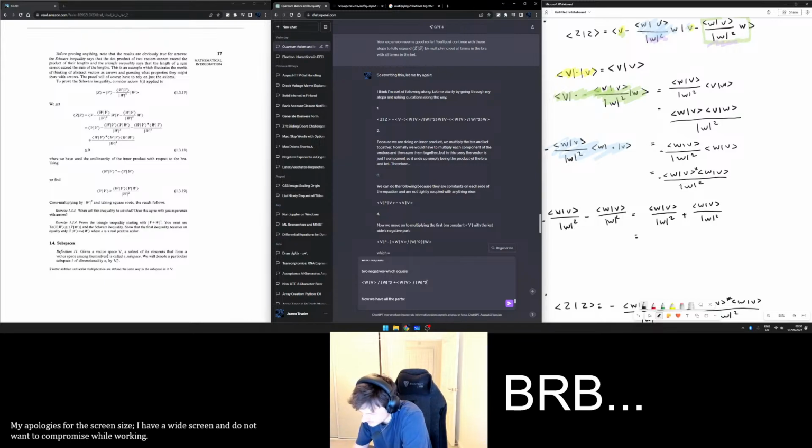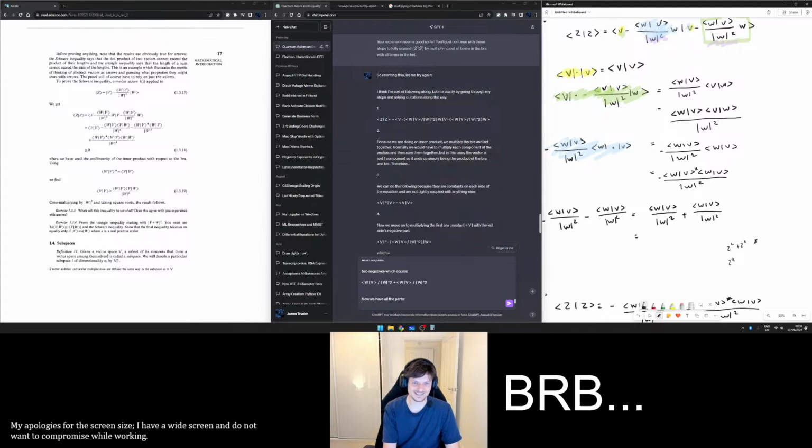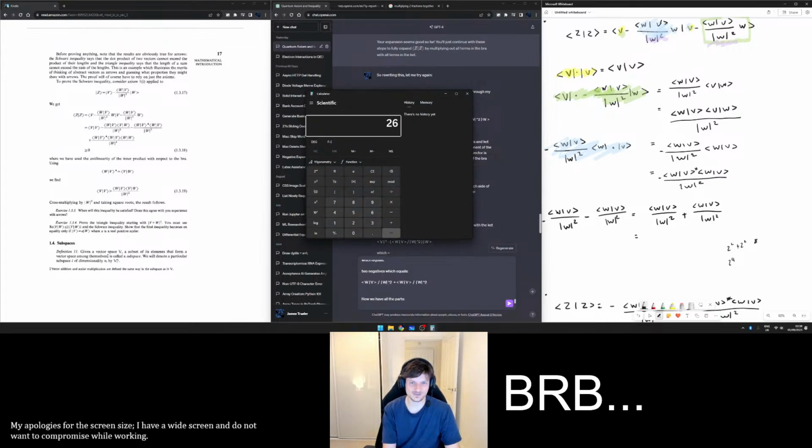So if we did 2 squared and then 2 to the power of 4, 4 plus 4 is 8, and 2 to the power of 4 is 16.